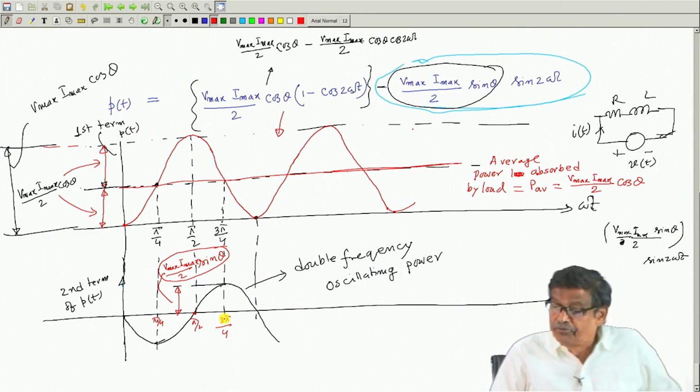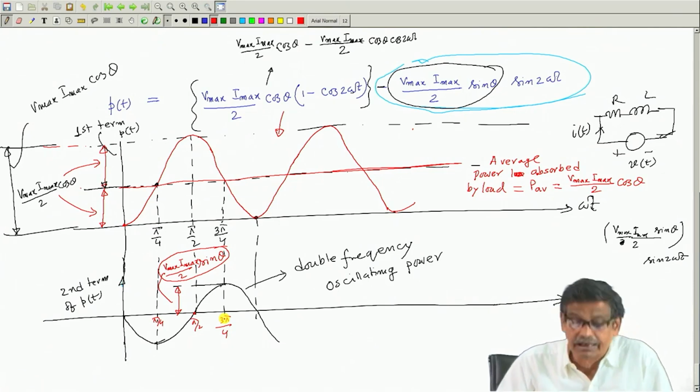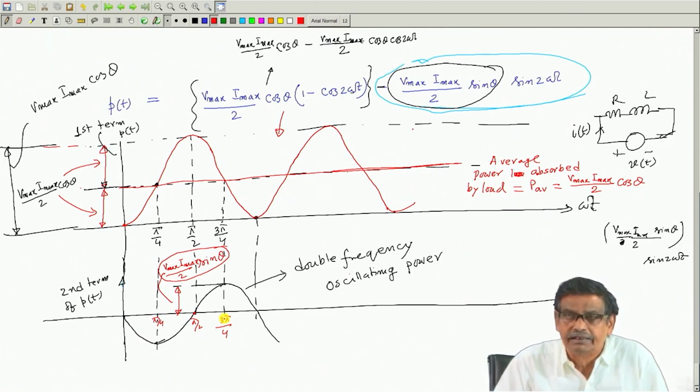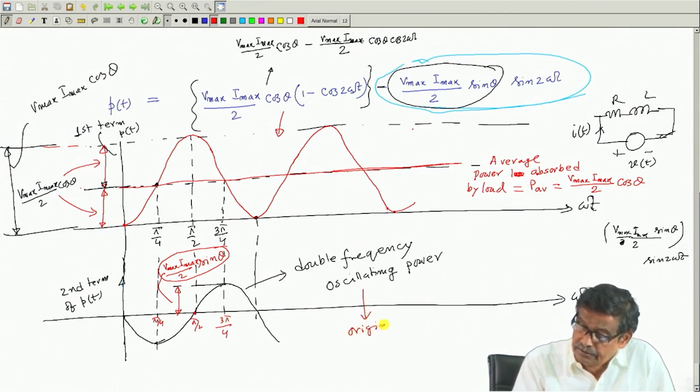Now, therefore, we say that the power which will be oscillating between source and the load will be called reactive power. It is never consumed by the circuit. So, this is the origin of reactive power.